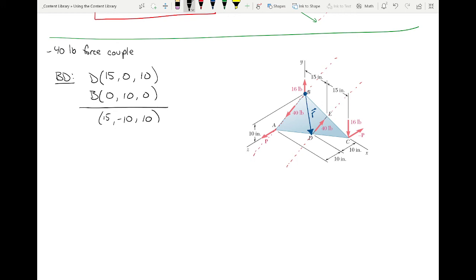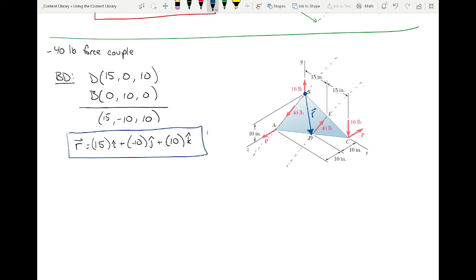So would R be 15I plus negative 10J plus 10K? Let's color that in blue, and we'll say in inches. Is that a fair statement?